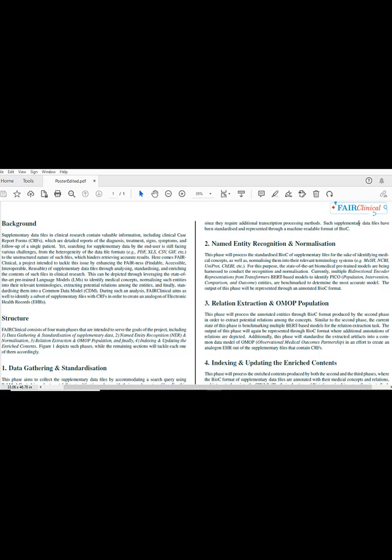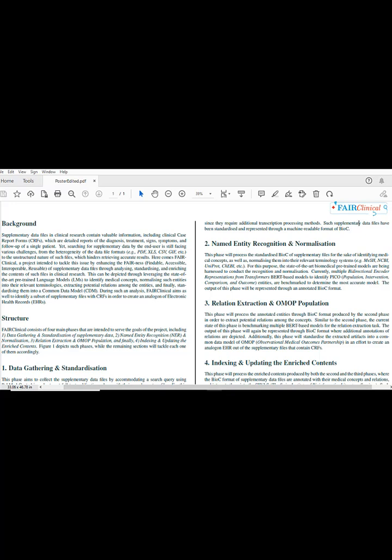Then they will provide the results of such extraction also in a BioC format, the same BioC format that was initially created by the first phase, in which the extracted entities along with their identifiers can also be enriched in the meta information within the BioC format.